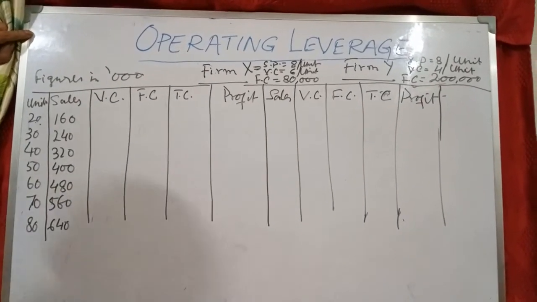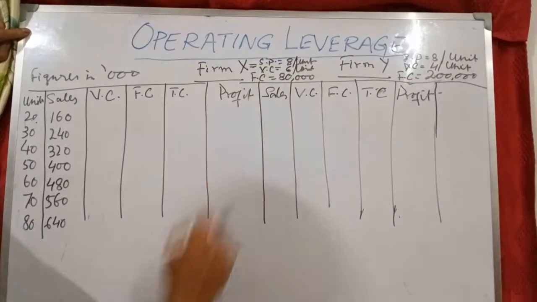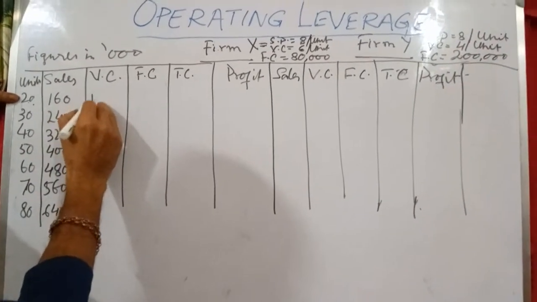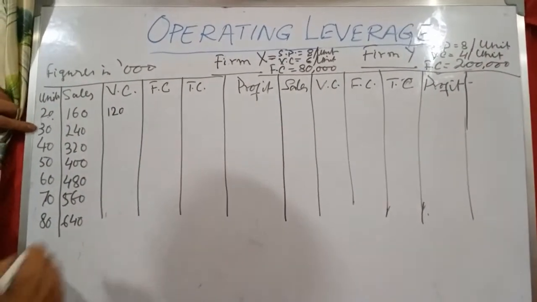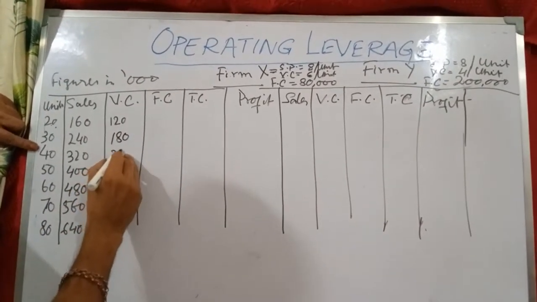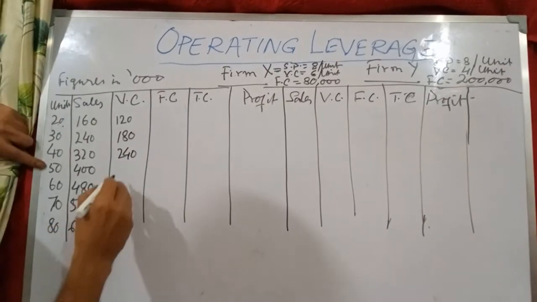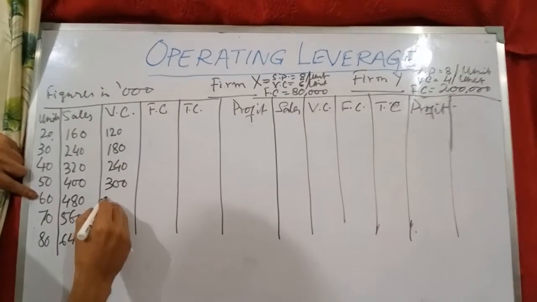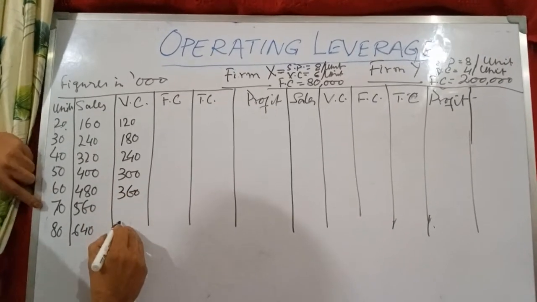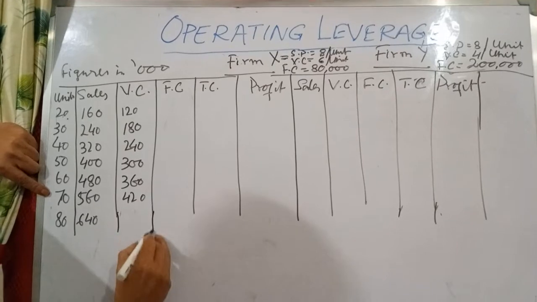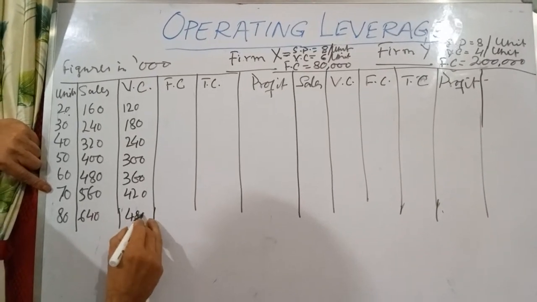What will be the variable cost? 6 per unit. 6 into 20,000, 120, 180, 240, 300, 360, 420, and 480.